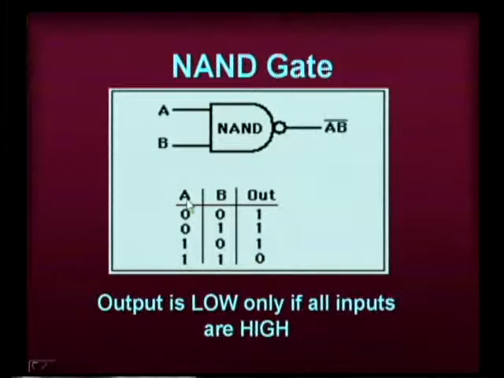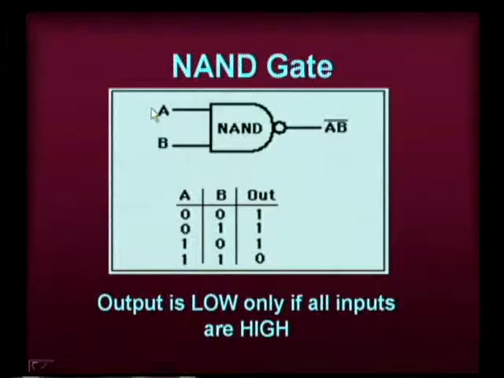The truth table for NAND gate is an inverted version of the truth table of AND gate. As you may remember, the output of AND gate will be high only if both inputs are high. So, by that logic, the output of NAND gate should be low when all inputs are high.